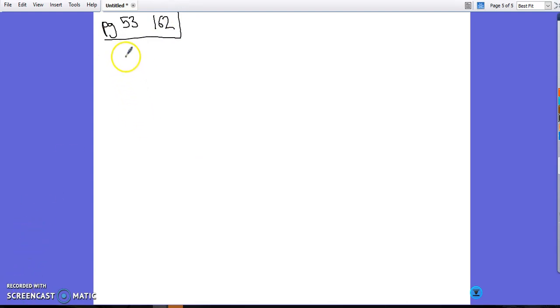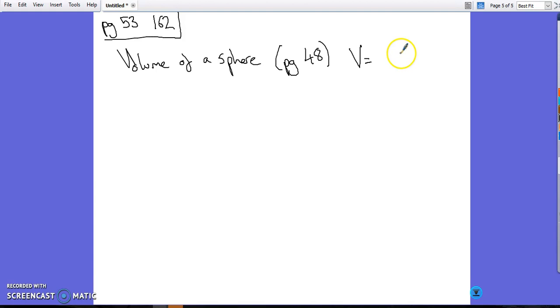So I assume you've paused the video and had a look at 162. It's about the volume of a sphere, and of course we know from page 48 we have the formula for the volume of a sphere, which is V equals 4r cubed pi divided by 3.